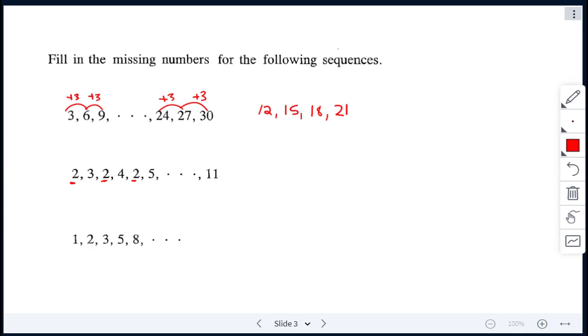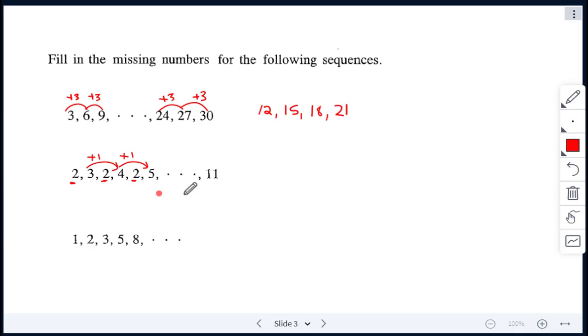For this next example, we can see that the 2's are staying the same, but the second number is going up by 1. If we go from 3 to 4, it went up by 1. If we go from 4 to 5, it went up by 1.